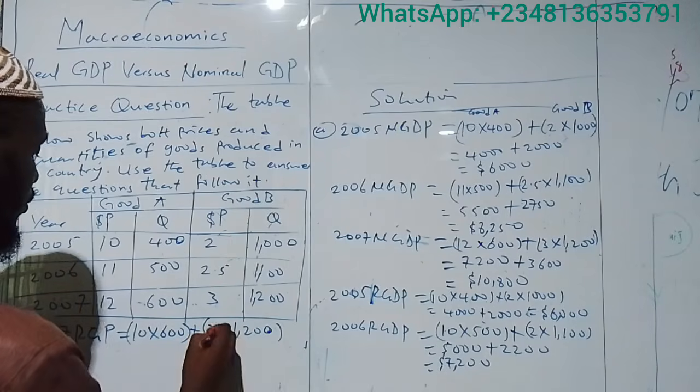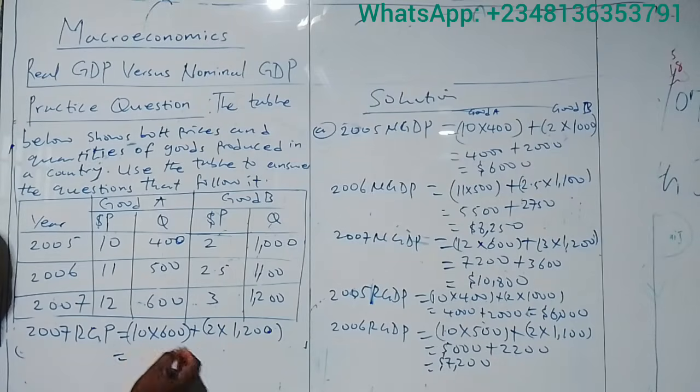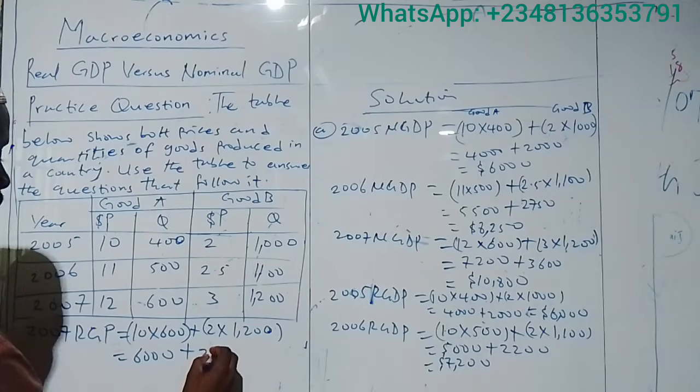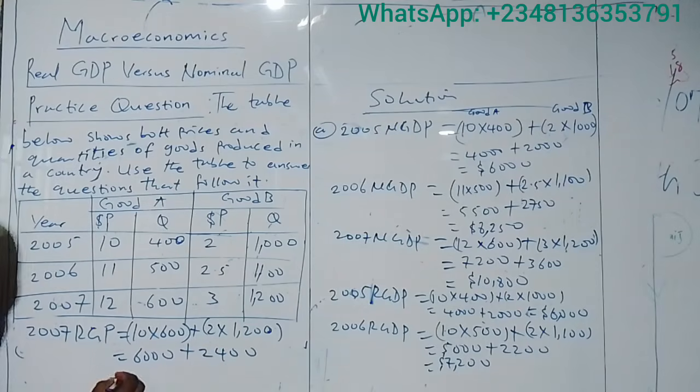So you multiply this, what do you have? You have 6,000. Then plus, when you multiply this, you have 2,400.